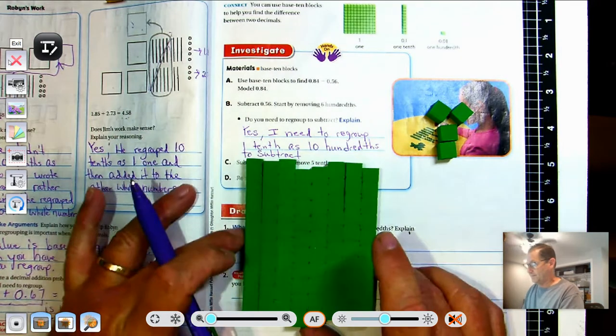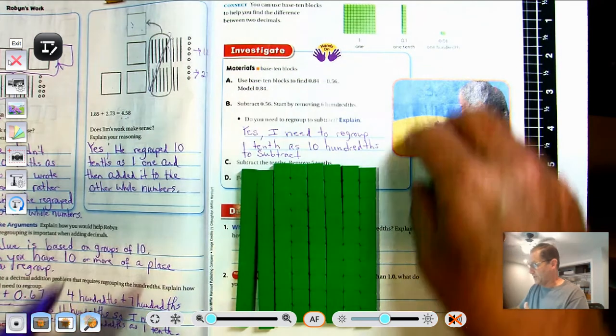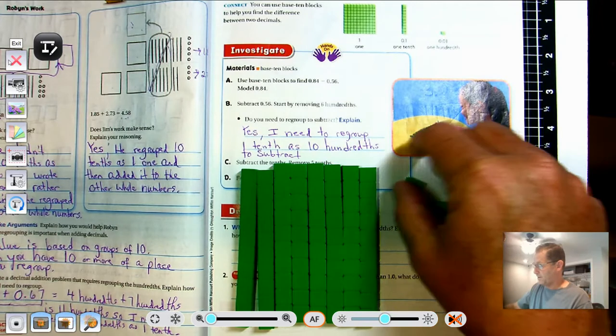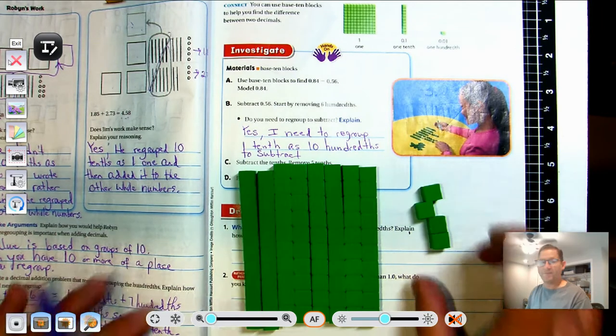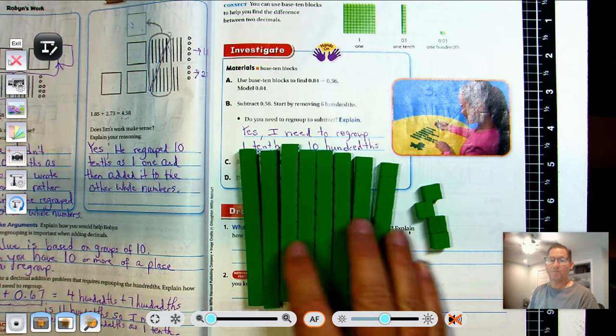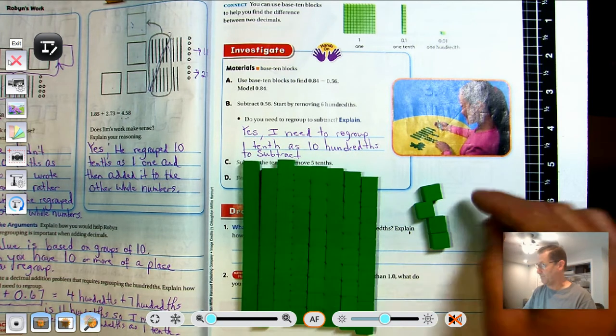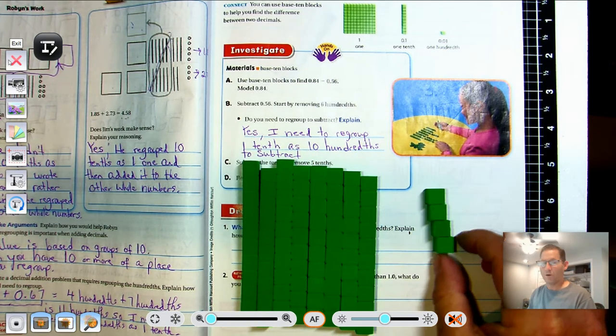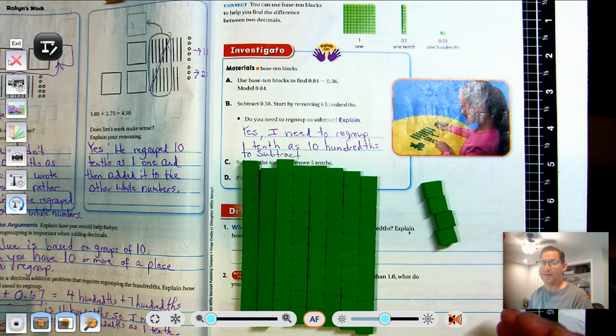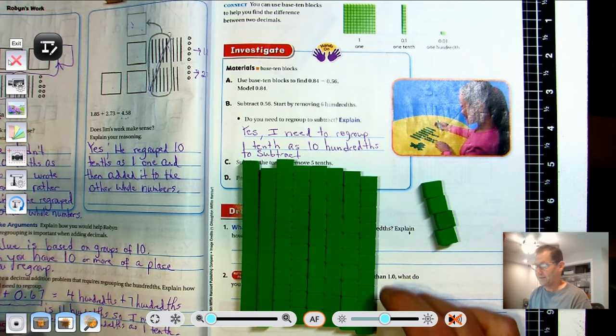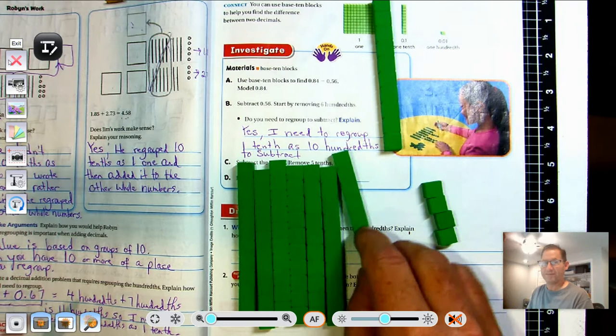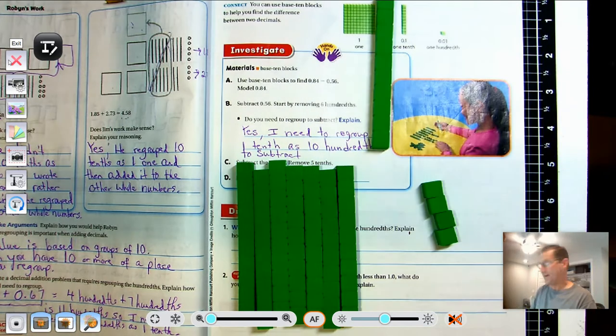So when we have 84 hundredths, we have to take away 56 hundredths. Well, we're going to start in the hundredths place, right? And right now I only have 4 hundredths. So how can I take away 6? I can't. So I'm going to take one of the tenths and I'm going to trade it for 10 hundredths.